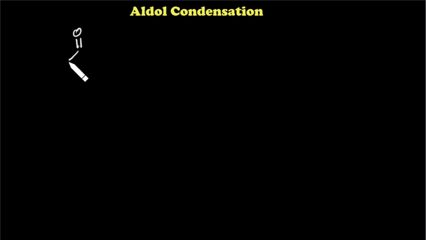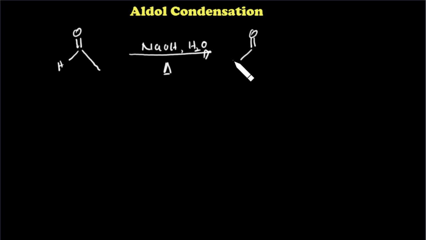I have an aldehyde here, and when it reacts with base and water, and then we heat it, we end up with this product. This is what we call the aldol condensation product.